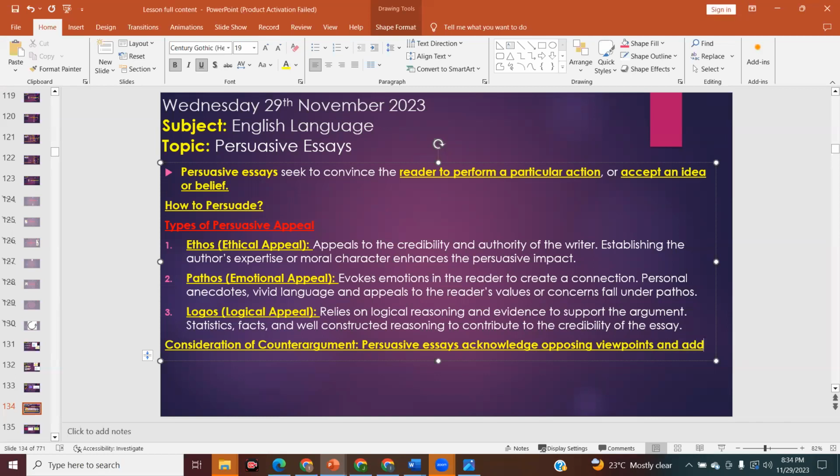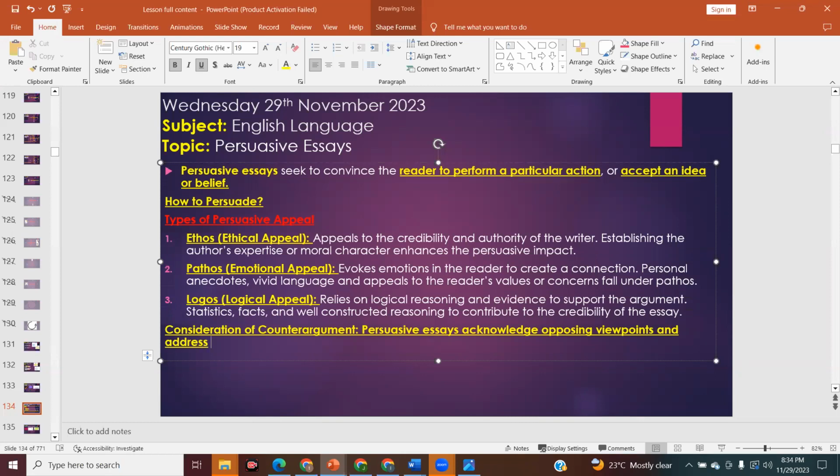And address the counter arguments. And we do that because you want to strengthen the overall persuasiveness of the essay. So you want the reader to think that you know what you're saying, and you want the reader to actually be convinced.